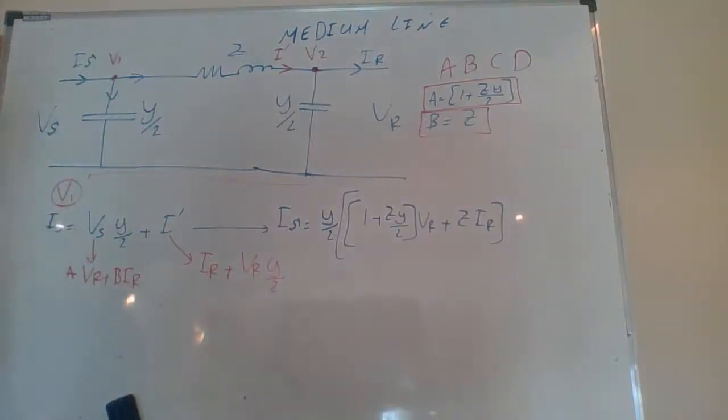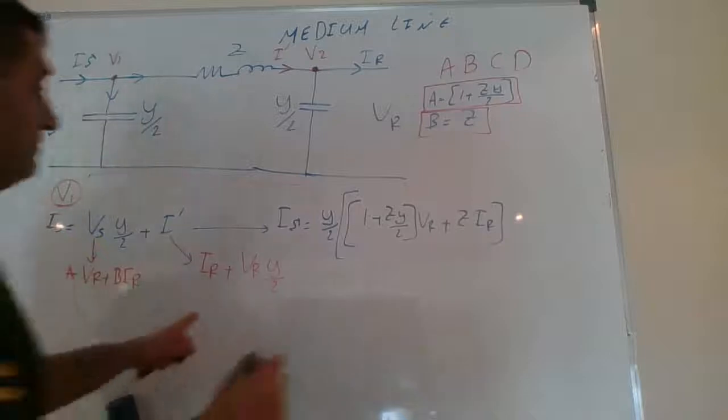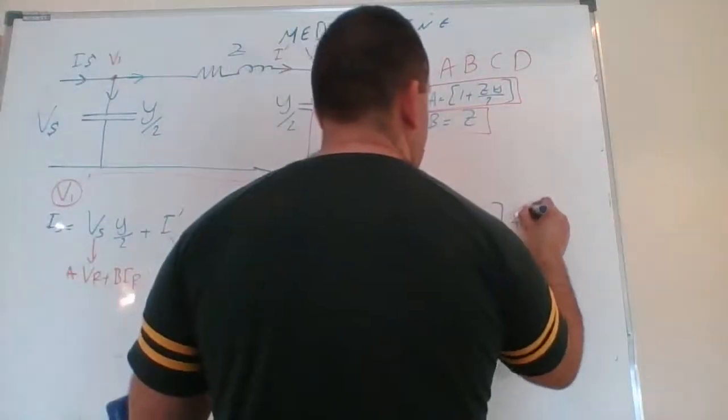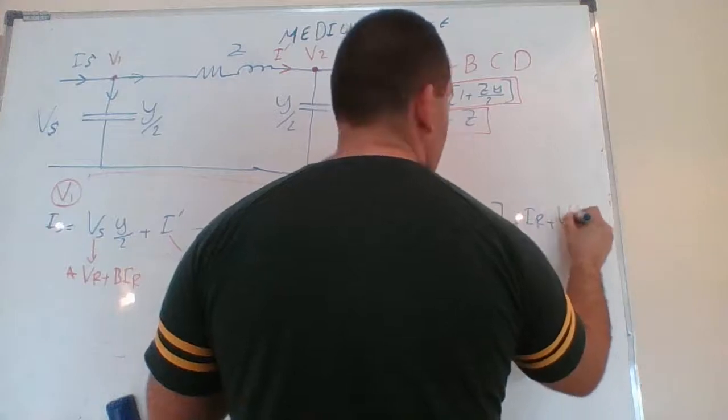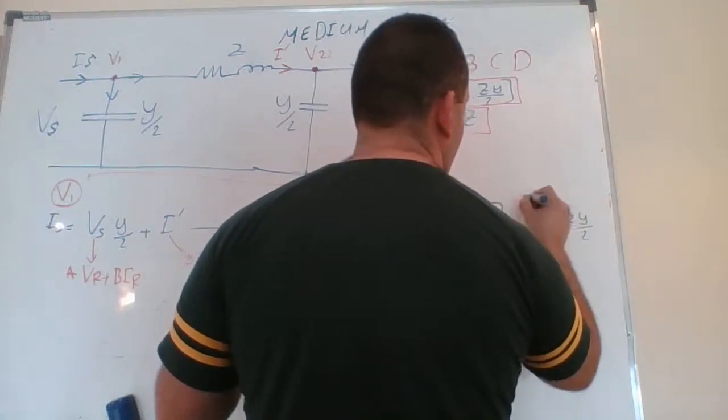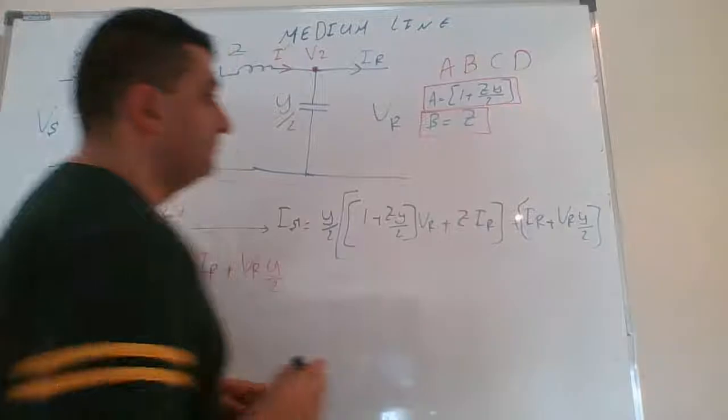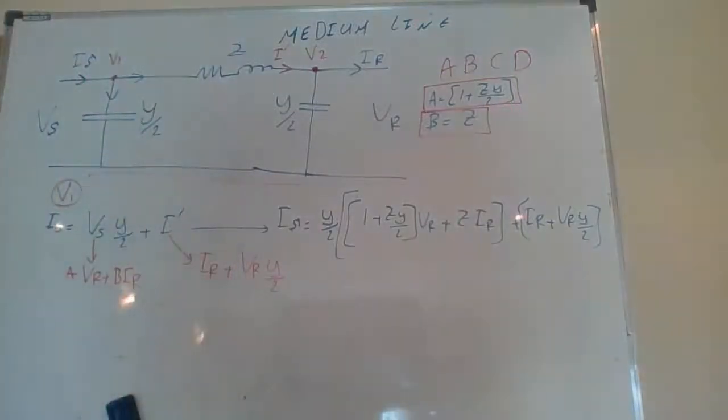That's this component, I dash, plus IR plus VR Y over 2. Is that clear? Let's take a moment to digest this information.